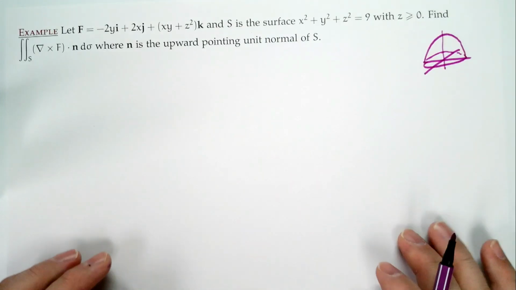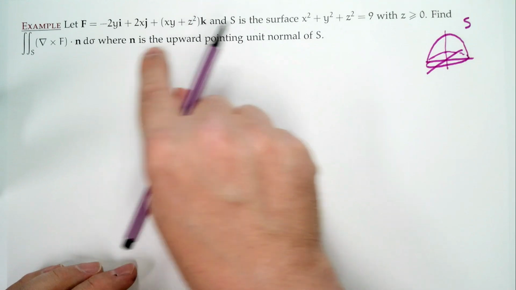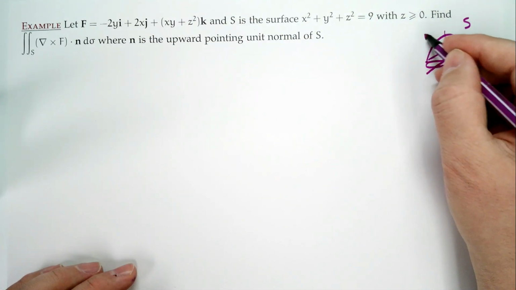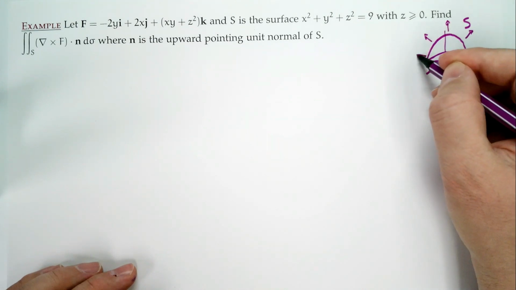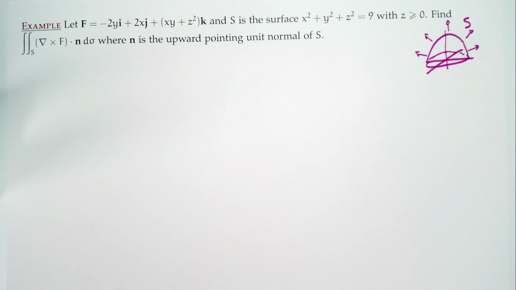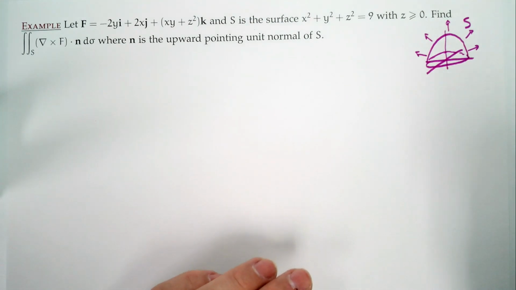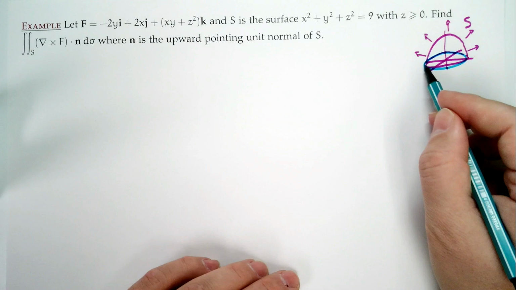Okay, so here is S, and by the way, it says N is the upward pointing unit normals. So our normals point in the positive direction. Upward pointing just means that the z component is positive. So there's our surface S, and be observant and say, oh, this is a surface which has an edge.